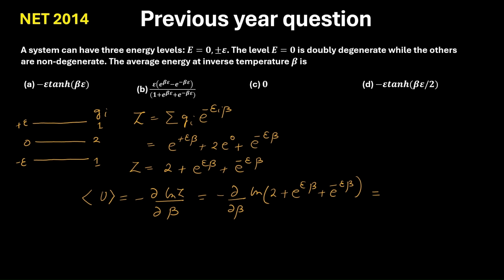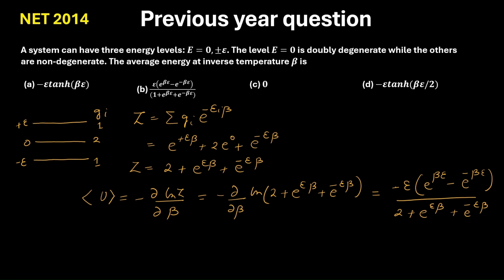So I'm writing the final expression. It will be minus epsilon times e to the power beta epsilon minus e to the power minus beta epsilon, divided by 2 plus e to the power epsilon beta plus e to the power minus epsilon beta. So this is the term we get after differentiating.